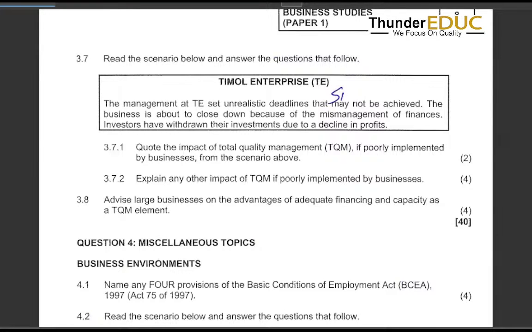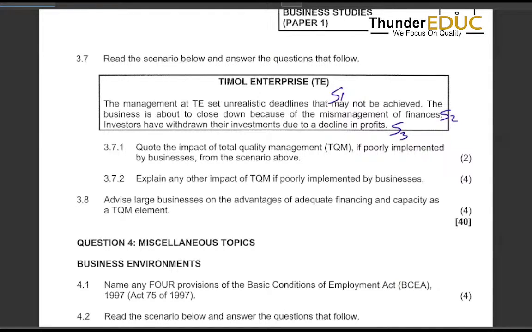This is our sentence 1. The second one says the business is about to close down because of the mismanagement of funds. This is our sentence 2. Also it says investors have withdrawn their investments due to decline in profits. This is our sentence 3.